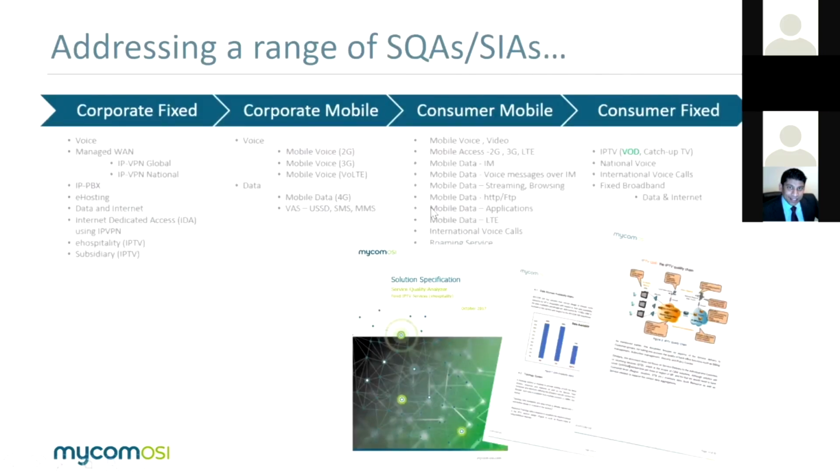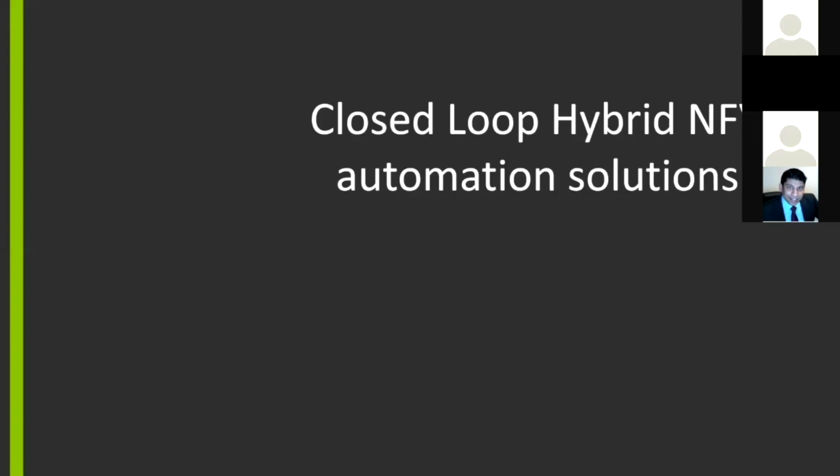A whole range of service quality analyzers and service impact analyzers are provided by us to our customers, and you can benefit from a whole range of these across the various domains, such as IPTV, IPVPN, IPPBX, if it's corporate fixed, if it's consumer mobile, it could be 2G, 3G multi services, or if it's consumer fixed services, it's IPTV, catch-up TV or video on demand, all the way operating on the service level, and then drilling that down to the network level as well.